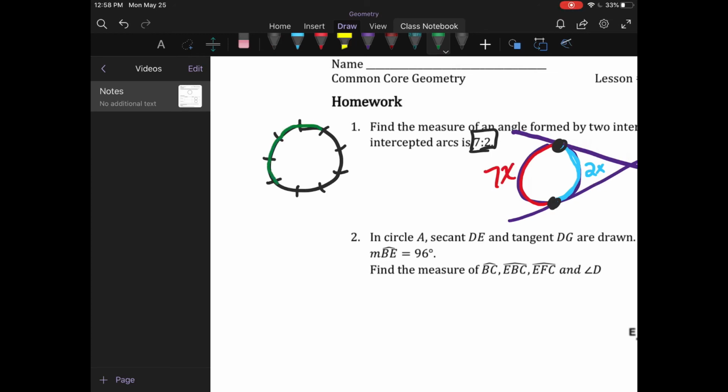Okay, so 1, 2, 3, 4, 5, 6, 7, that's for the big arc, and then the other one has 2 for the small arc. And if they're all exactly the same size, then that means that this one could be 7x.